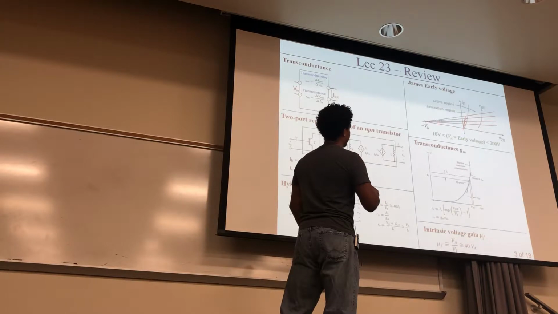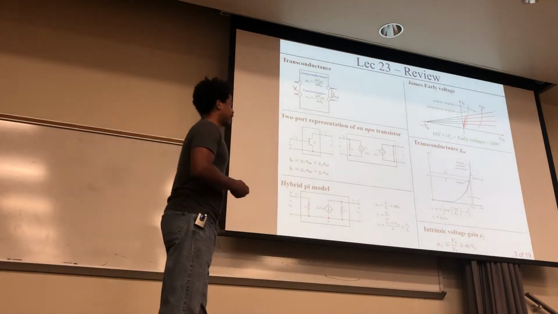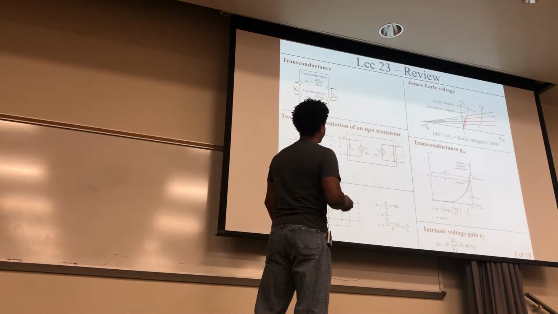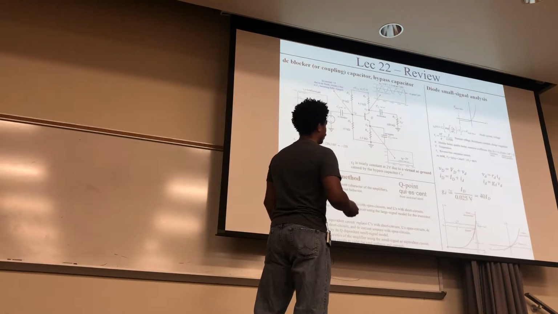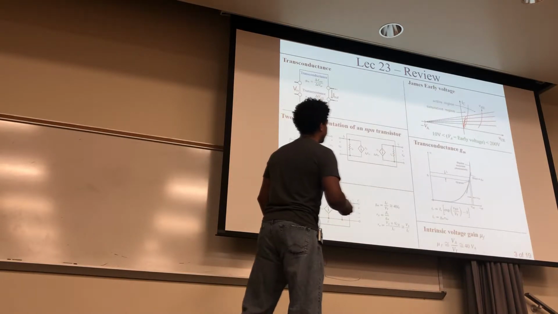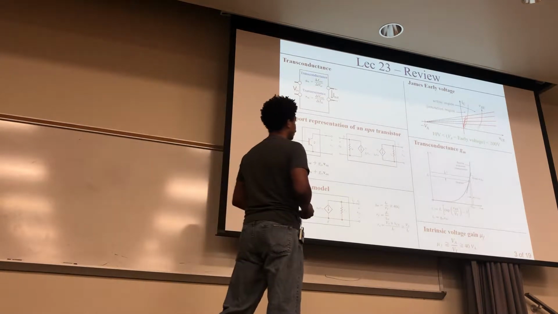If they kept on going, they would project to this voltage. And we looked at the transconductance for the transistor. As you can see, it looks a whole lot like the diode, at least in this region. After that region, no, but in this region it looks almost like the diode. But it's for the transistor. And we also looked at intrinsic voltage.